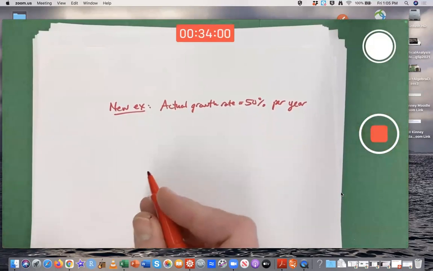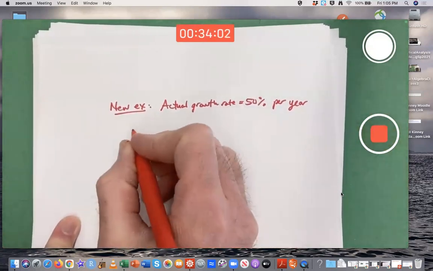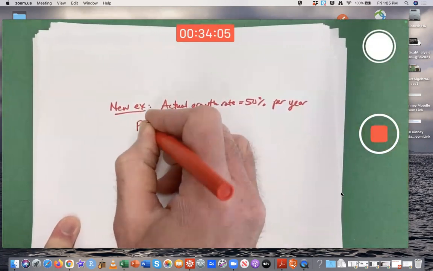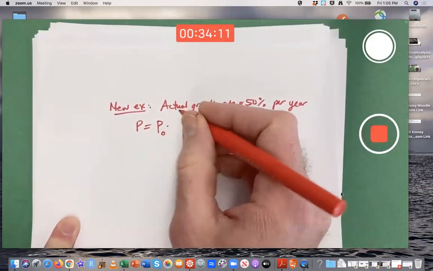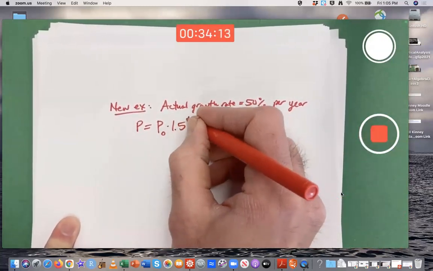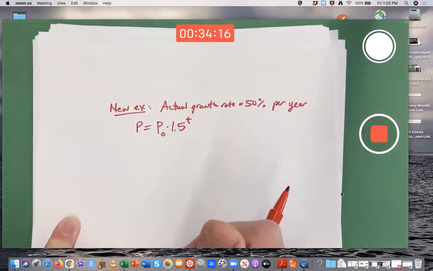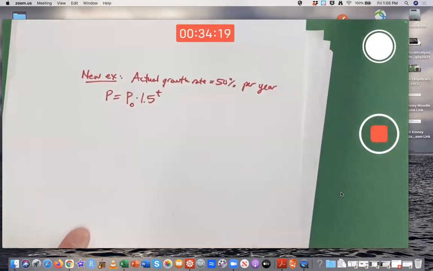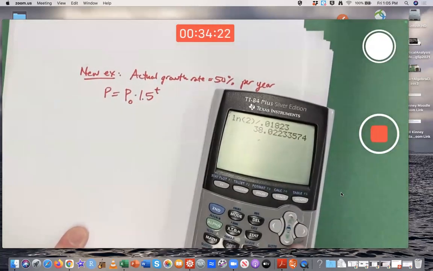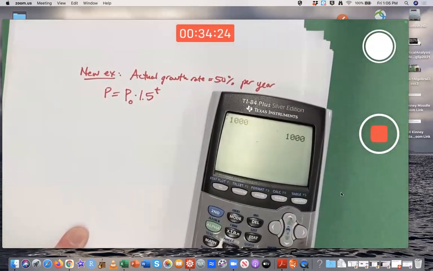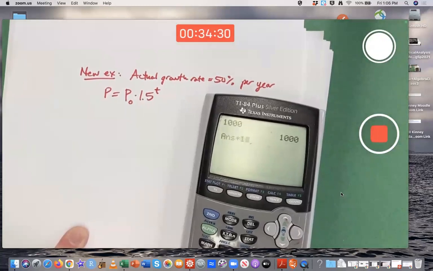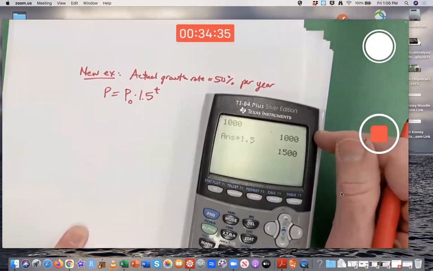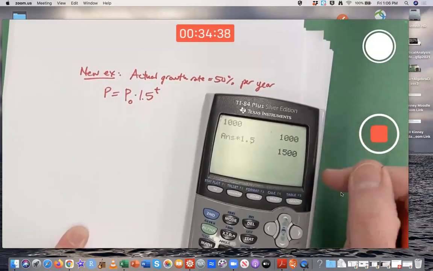So if we're in a situation where the actual growth rate is 50% per year, we could write our function, say for a population, as P0, don't use e, instead use 1.5 to the t. That represents 50% growth every year. Think about it. If I pretend P0 is, say, 1,000 to start with, then after 1 year, t equals 1, we'd multiply by 1.5, we're up to a population of 1,500. 50% of 1,000 is 500. 1,000 plus 500 is 1,500.